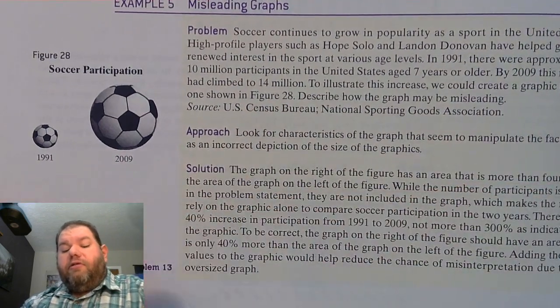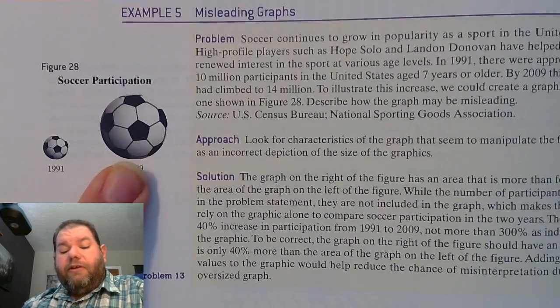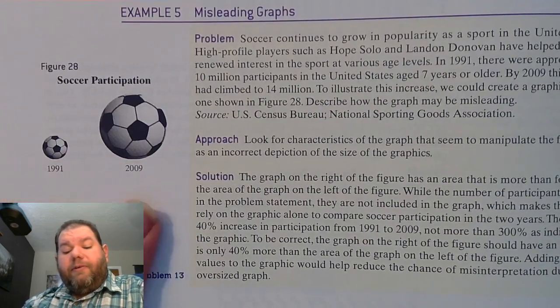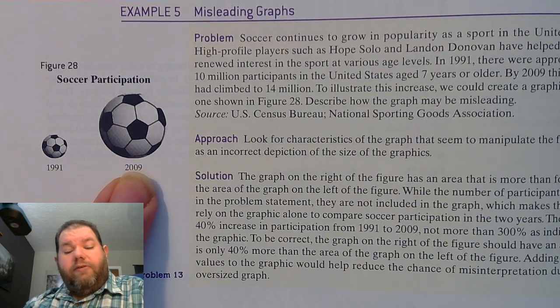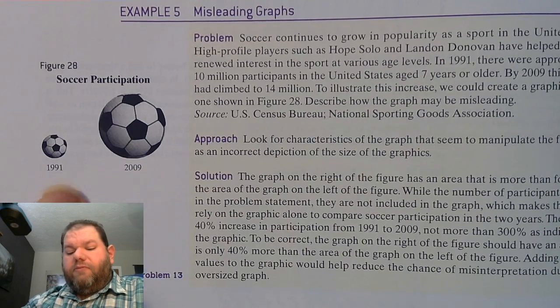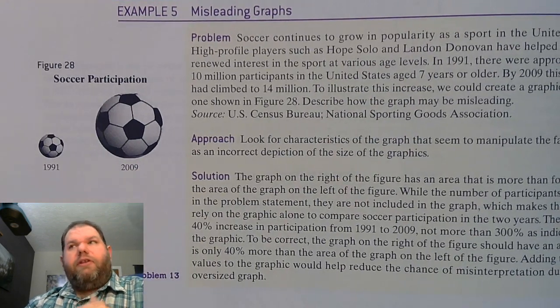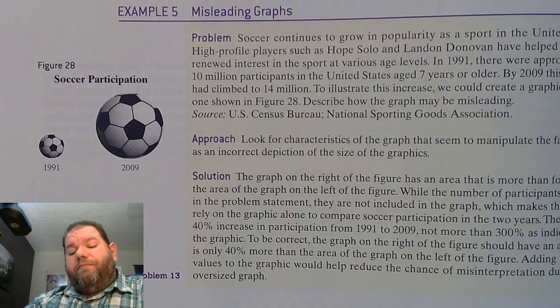Now, would you look at this and say, okay, this is 10 million and this is 14 million? It looks like this soccer ball is many times larger than what was present in 1991. But we actually only increased from 10 million to 14 million participants in youth soccer leagues. So this is vastly misleading, whether they're using the radius or something to that effect to represent the change.